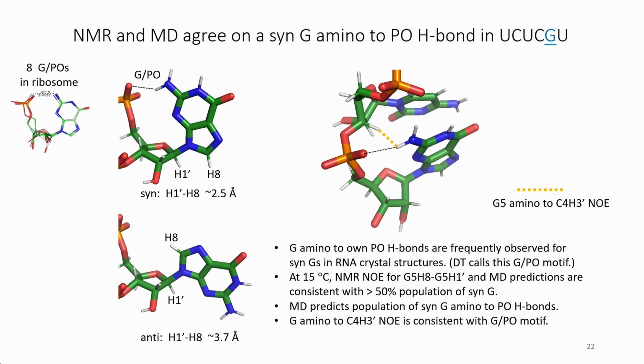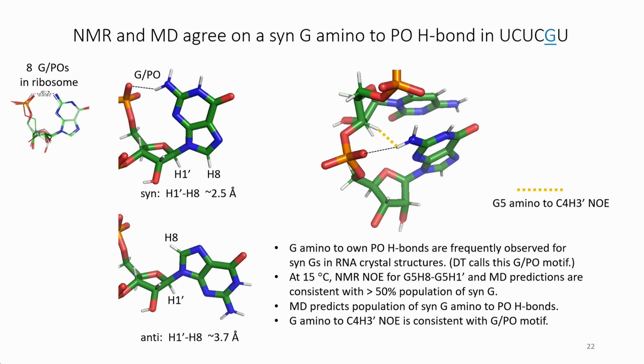It can only do that if the G is syn. That's what's shown on the left-hand part of the slide. At the top there's a syn G, and the dotted line, we call it a GPO hydrogen bond, is the hydrogen bond I was just talking about. If the G is anti, as shown in the bottom structure, then you cannot form that because the amino group is on the wrong side of the phosphate group.